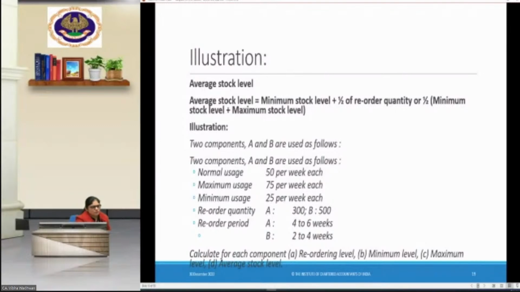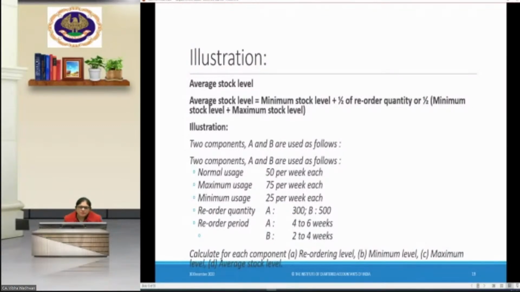Utkarsh, is 450 for A or B? Quickly calculate reorder level, and then the minimum, maximum, and the average. Okay, Nikita has calculated for A 450, for B 300. After reorder level, calculate minimum, maximum, and average.